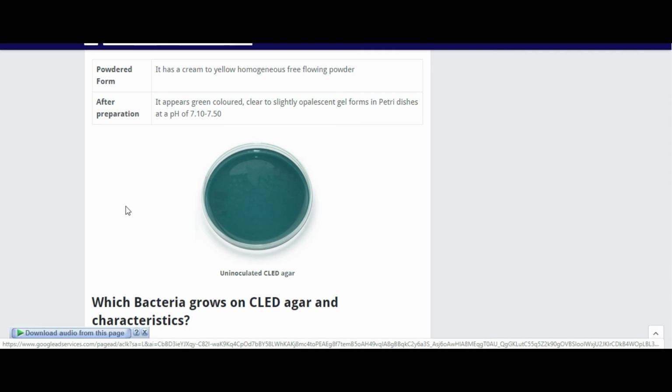So it's very important to know the color of the culture media. Though it's general purpose, once you see CLED Agar, you should be thinking of urinary pathogens.